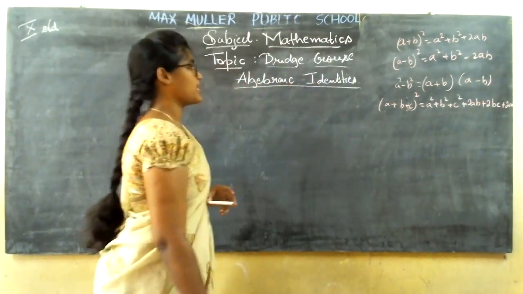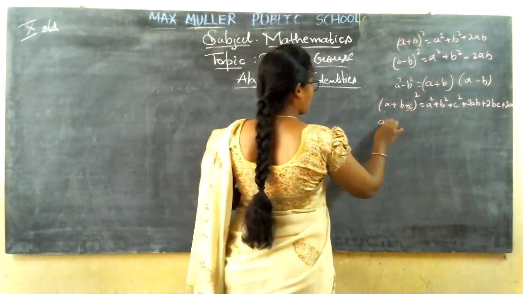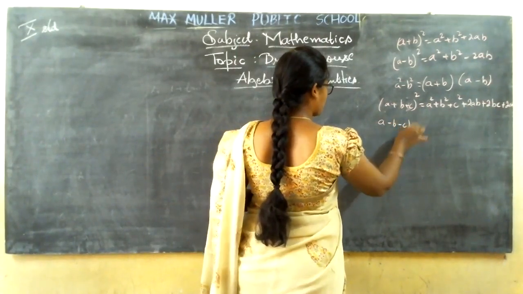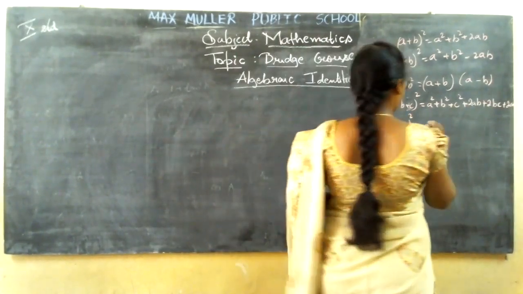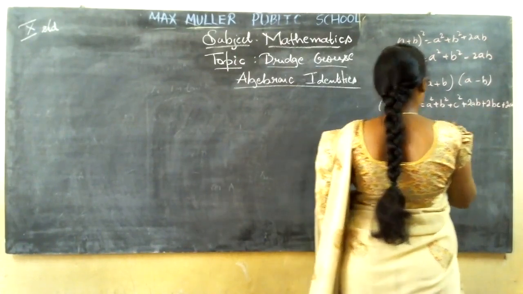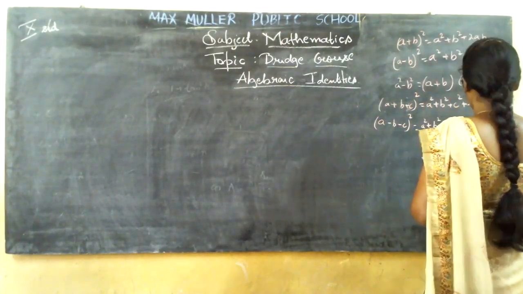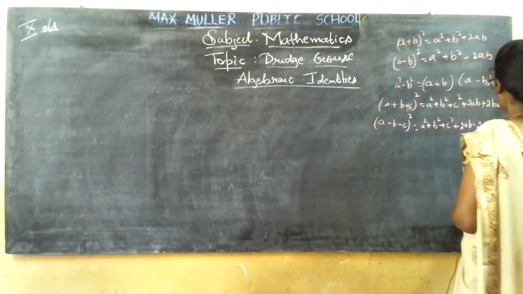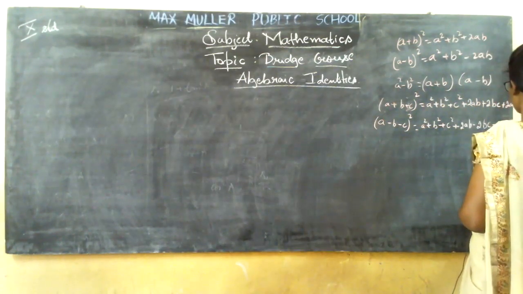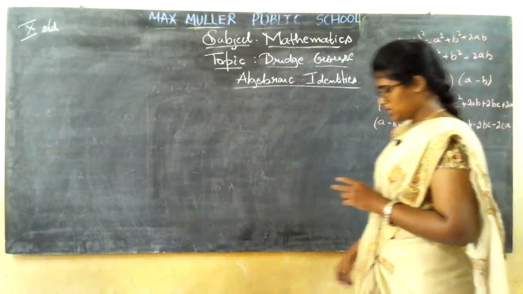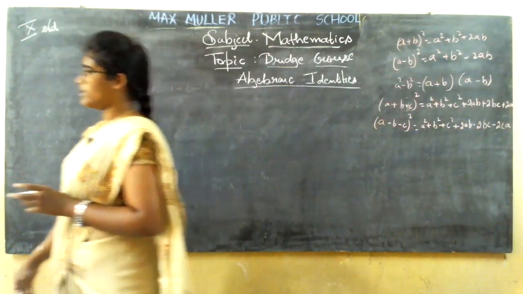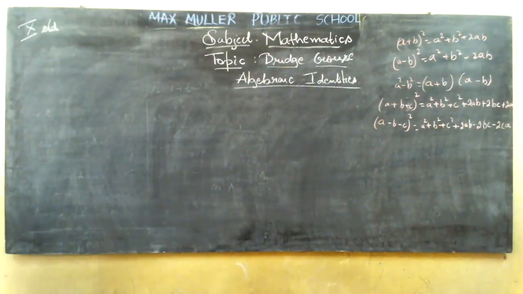The next thing is the (a minus b minus c) whole square formula, which is a square plus b square plus c square plus 2ab minus 2bc minus 2ca. Correct? This was the formula. Why did we do that? If you take 2 common, minus 2 common, you get minus ab plus bc plus ca.